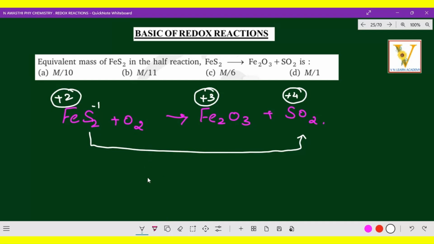So iron Fe plus 2 is converted into plus 3, so it is 1 electron change.